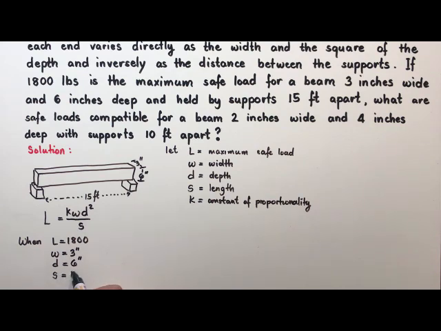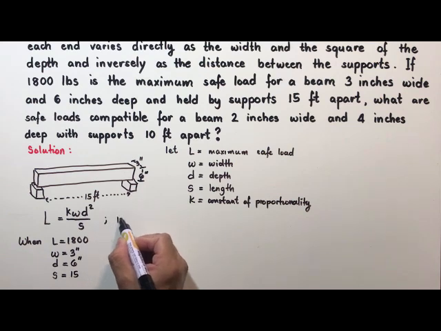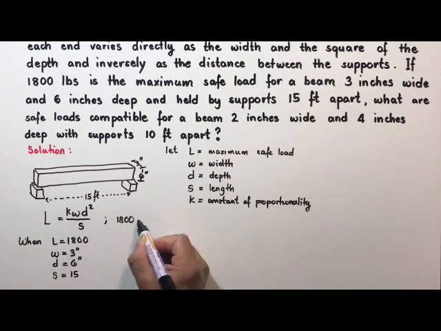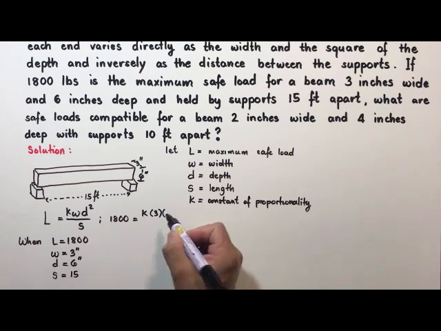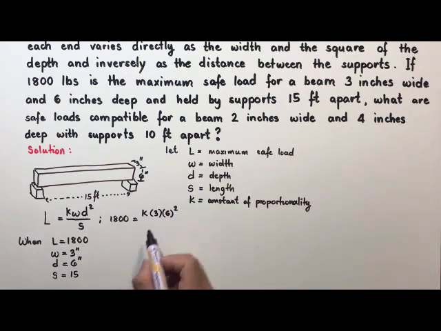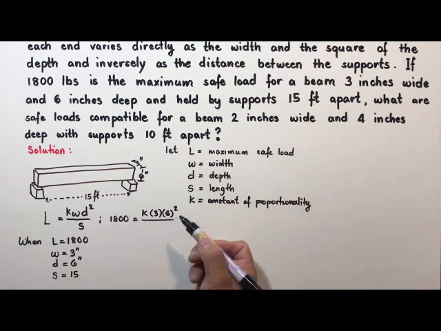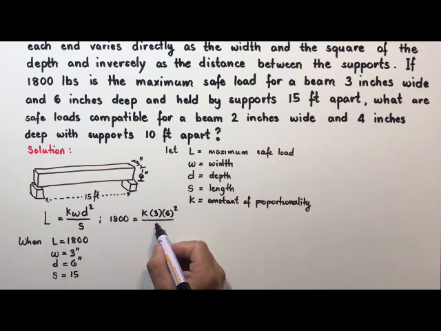So when you substitute these values in the equation, we have 1,800, which is equal to K, which we don't know, times the width of the beam, which is 3 inches, times the depth of the beam, which is 6, but this is squared, divided by the distance between the two supports, which is 15 feet apart.